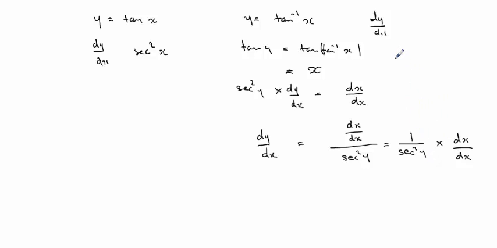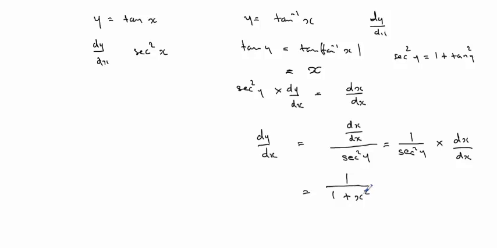We know that sec squared equals 1 plus tan squared. So if we check what we have here, tan squared, tan is x. So what we're going to have here is 1 over 1 plus x squared.